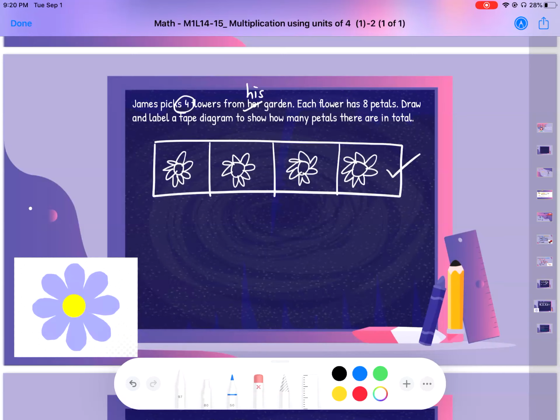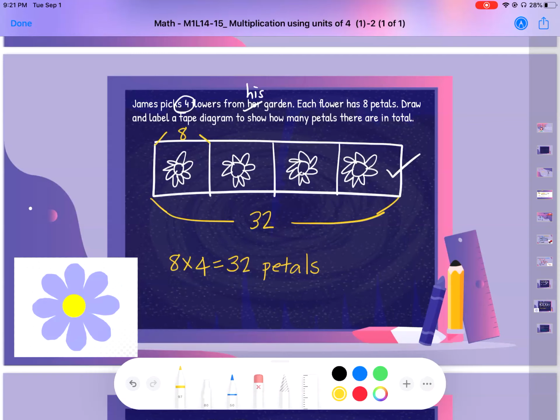I'm going to go ahead and label my diagram. How many petals are there in one flower? We have 8. And how many petals are there altogether? So let's write down a multiplication sentence. 8 times 4, 32 petals. So I'm going to label my bottom blank, which is 32.